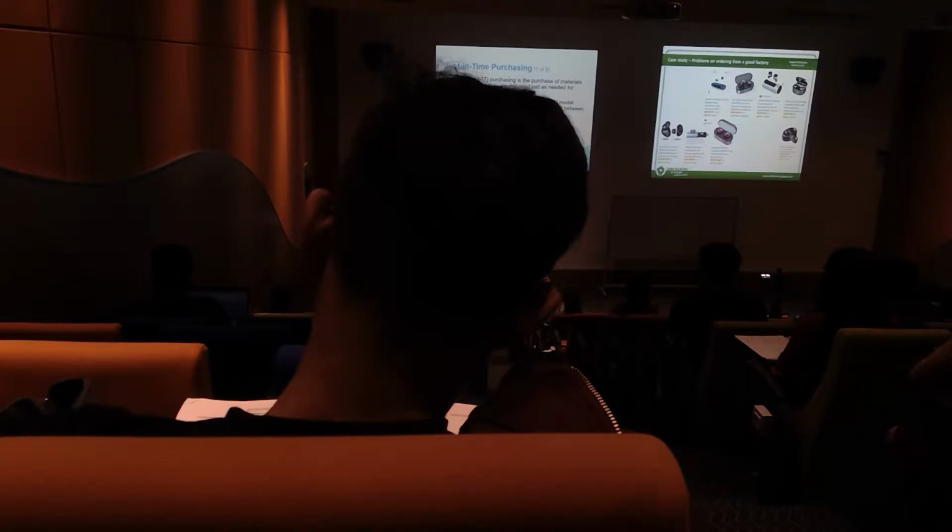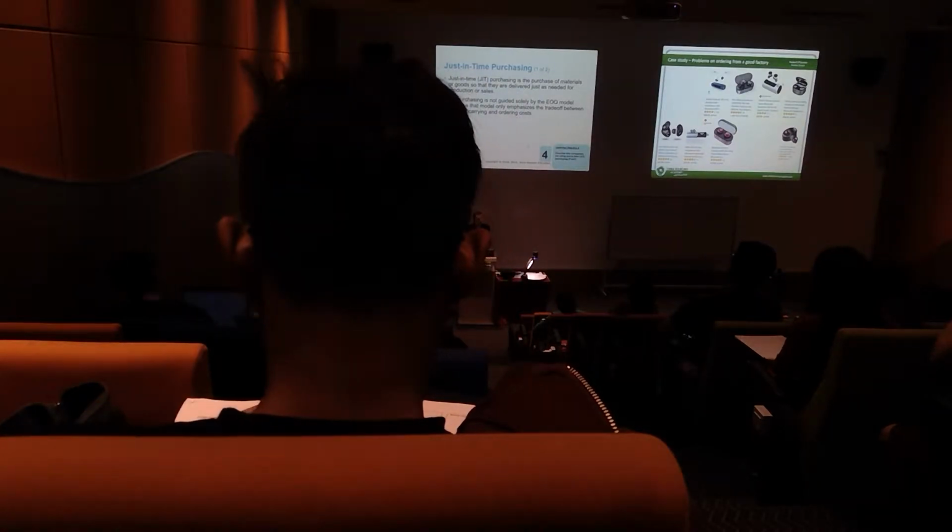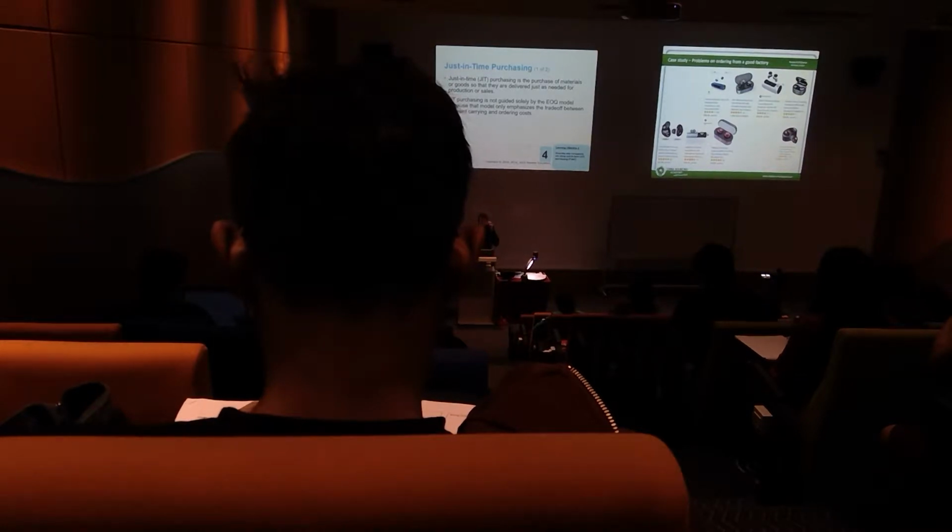Where I left you off on Monday was with just-in-time purchasing. We basically started to go into learning objective 4. All right, learning objective 4 is describe why companies are using just-in-time. Why are they using just-in-time?